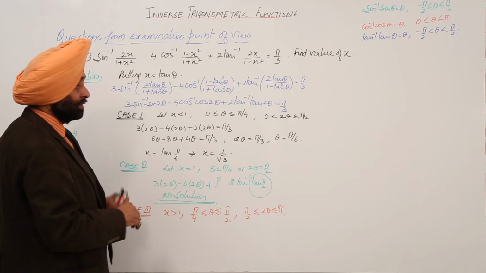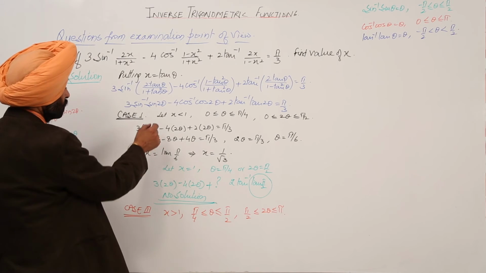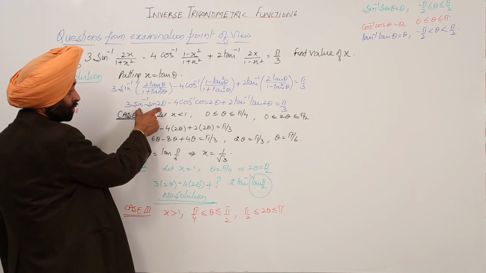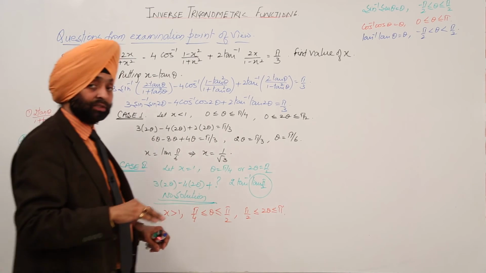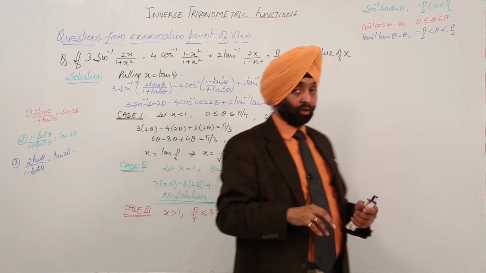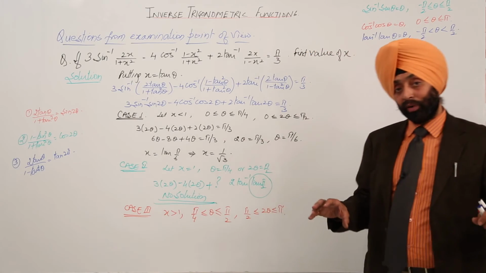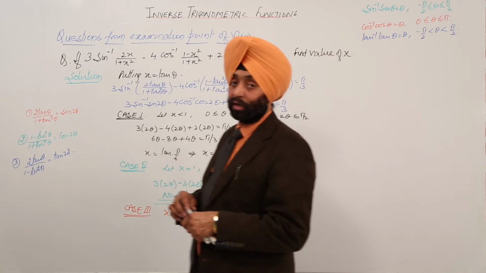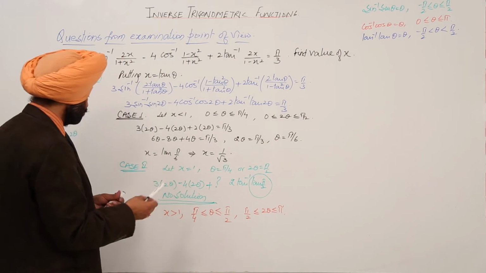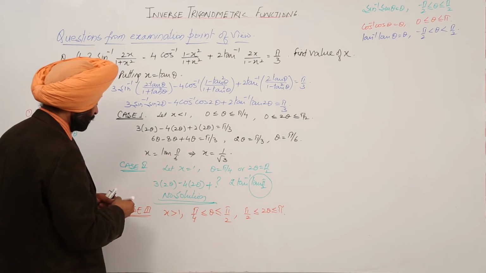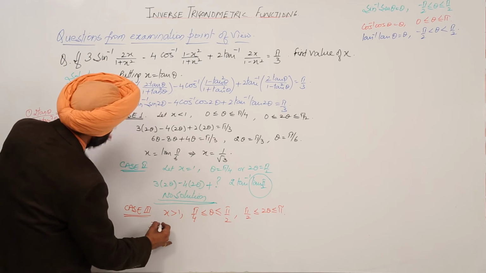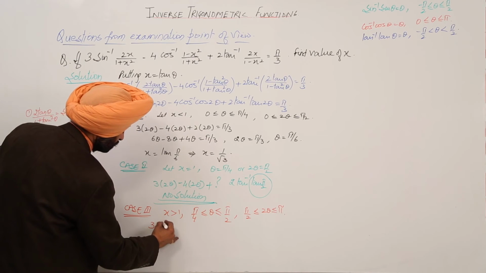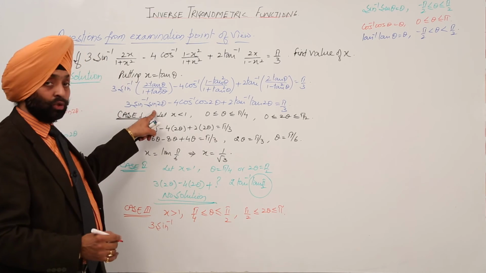Pi by 2 to pi means what? Second quadrant. So we can't move ahead with this for the second quadrant unless we make some changes in the question. So for this particular part we have to change the parts. Now we write 3 sin inverse sin 2 theta.